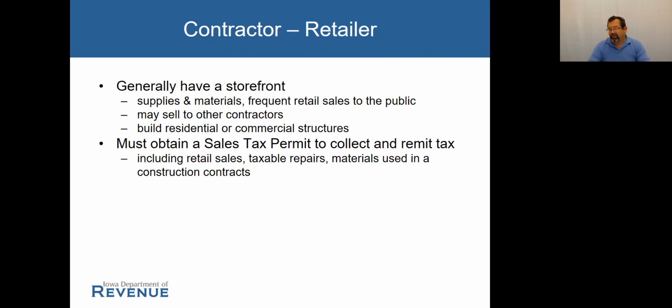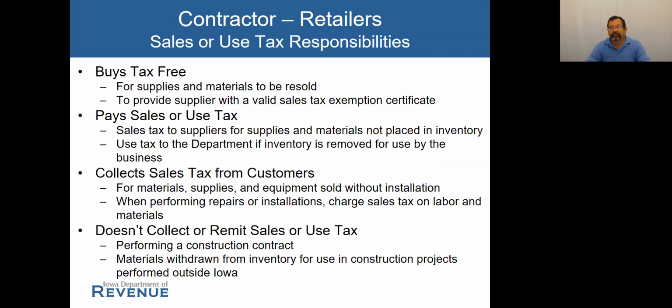When a contractor retailer is actually constructing a structure, they are responsible for paying the tax on the materials that they consume in that contract. Again, contractor retailers buy their materials tax-free, as opposed to a general contractor. Supplies and materials will be resold.